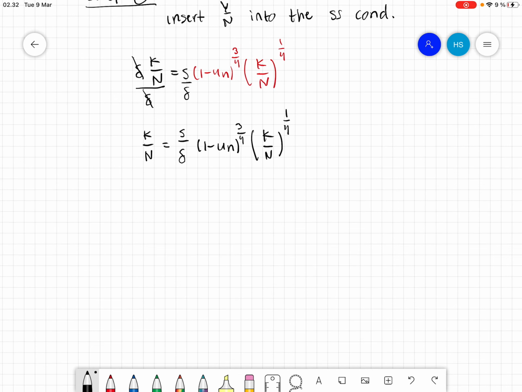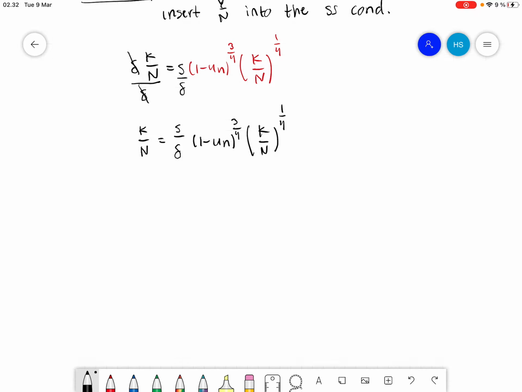Well, we have to isolate K over N. So I divide both the left and right hand side by K over N to the power of 1/4. I have to do the same on both sides. These two cancel out.